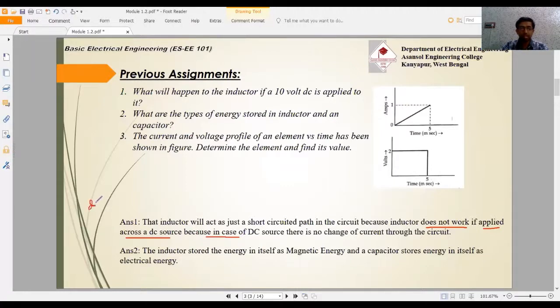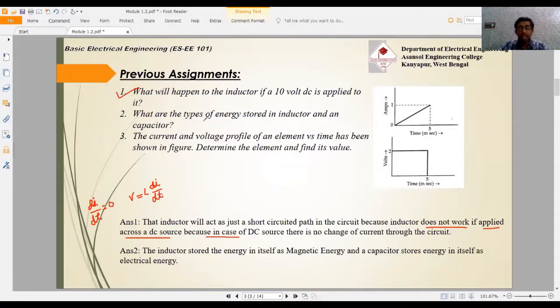That means for a DC source, current is already constant, so di/dt is zero. And as we already know, for an inductor, V equals L into di/dt. Since di/dt is zero, the inductor will not work. It will just act as a short-circuited path. Now, this first one is solved.